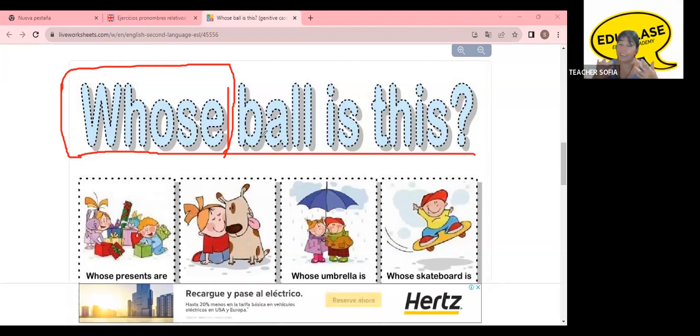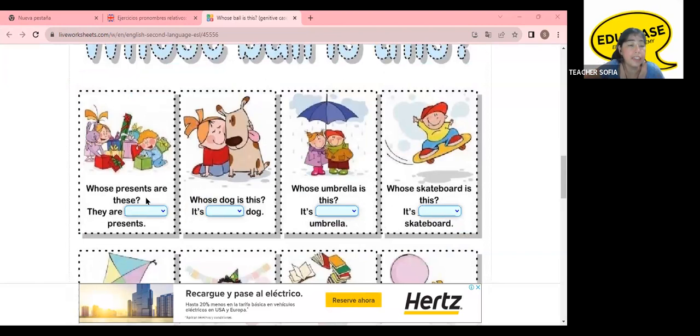So again, think in English. Just think, I'm asking a question about who's the owner, de quién. Then the object, the ball. Whose ball is this? Look, the next: whose presents are these?